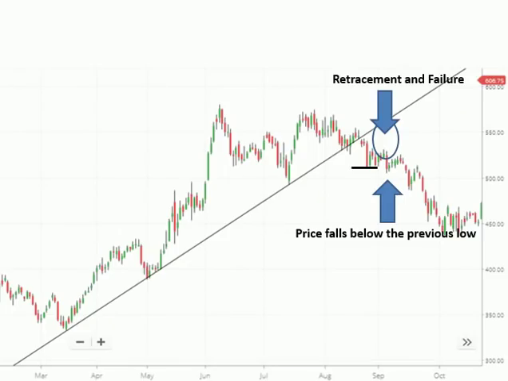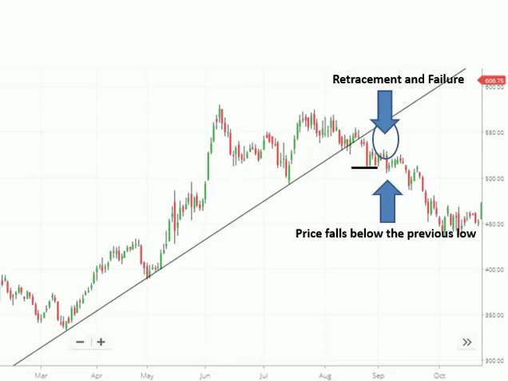The same chart I'm referring to here with a little bit of right side movement. The first arrow suggests there is a retracement of price, and finally that retracement failed.